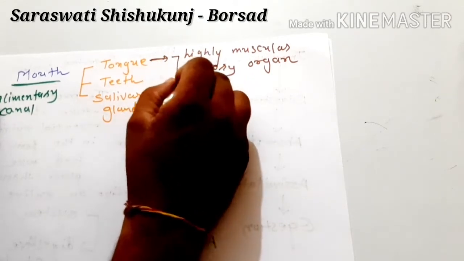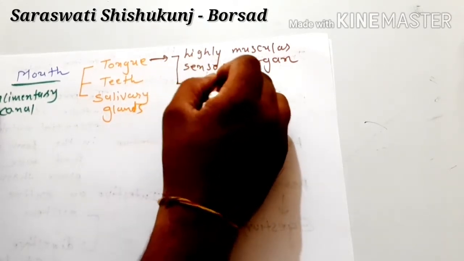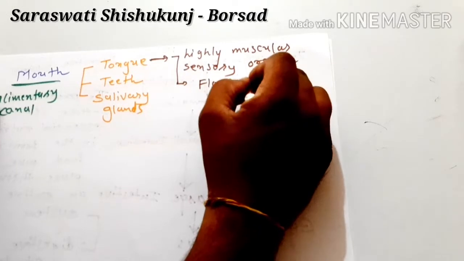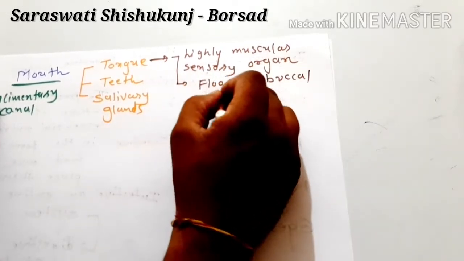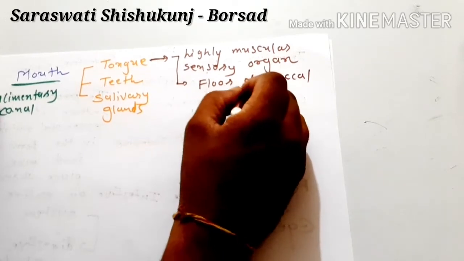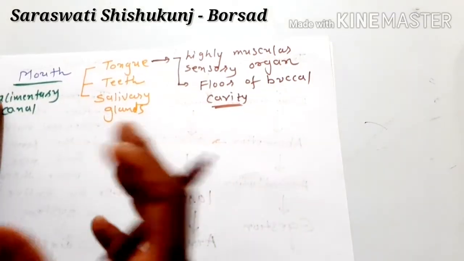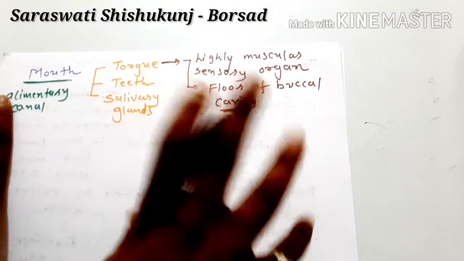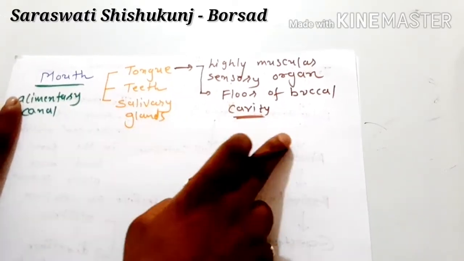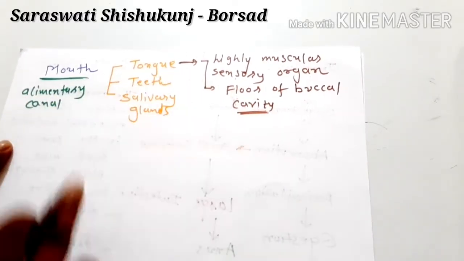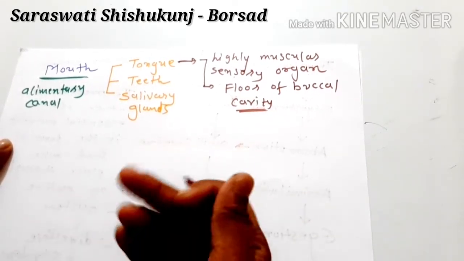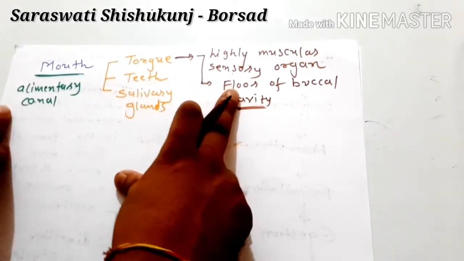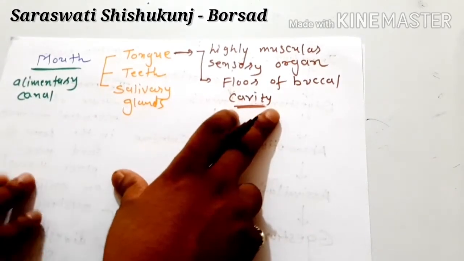It is present at the floor of the buccal cavity. Cavity means hollowness, so the buccal cavity means the cavity of the mouth. In the cavity of the mouth you will see the tongue. It is a muscular sensory organ which tastes, and it is located at the floor of our buccal cavity.